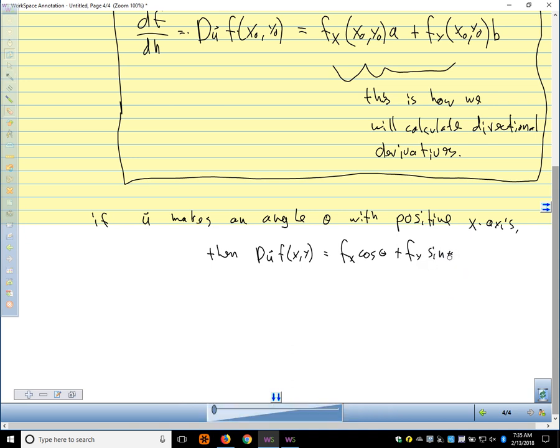So if our unit vector makes an angle theta with the x-axis, we can write the unit vector as cosine theta i hat plus sine theta j hat. Sometimes your unit vector will be defined in terms of the angle it makes with the positive x-axis.